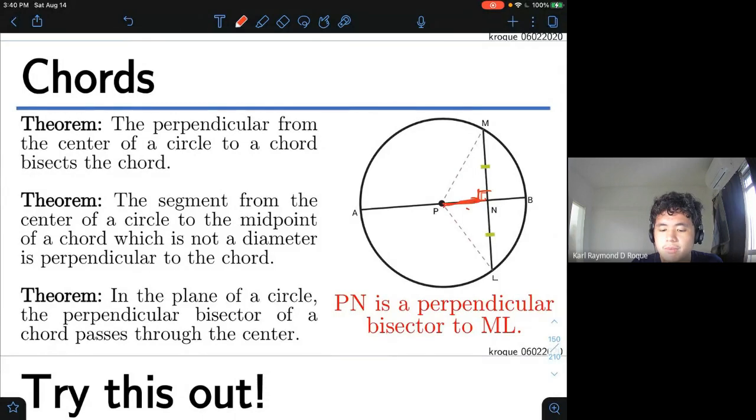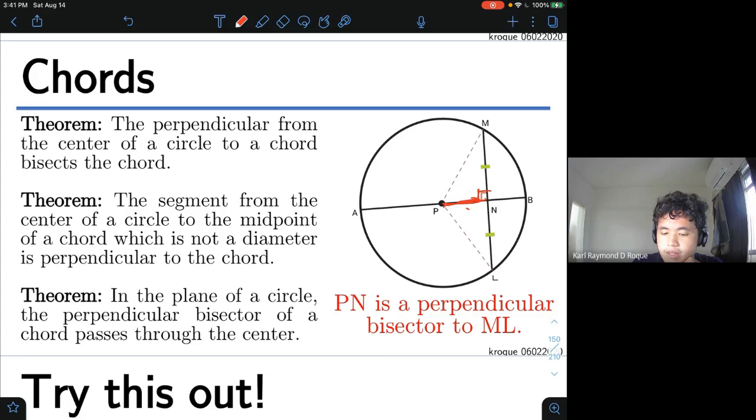Then the segment from the center of a circle to the midpoint of a chord, which is not a diameter, is perpendicular to the chord.